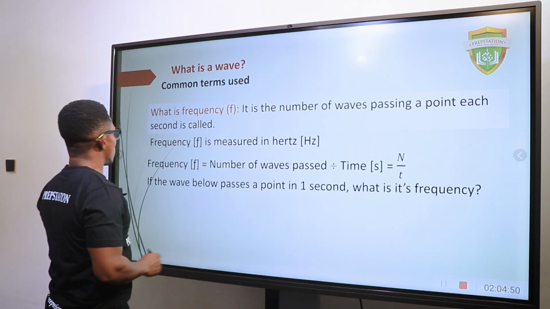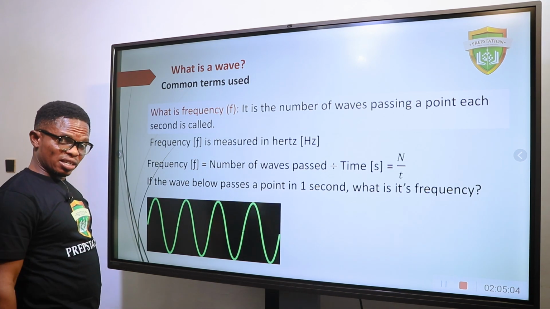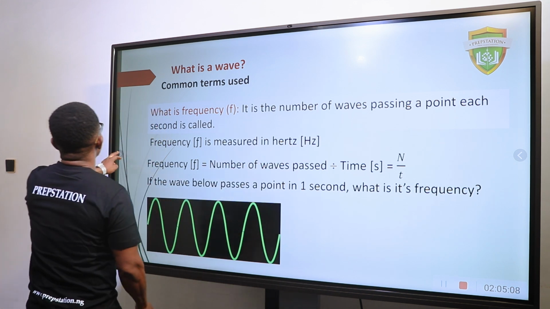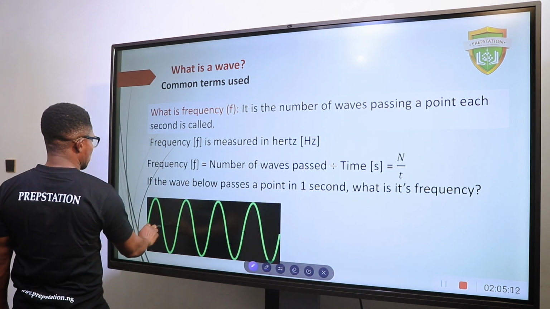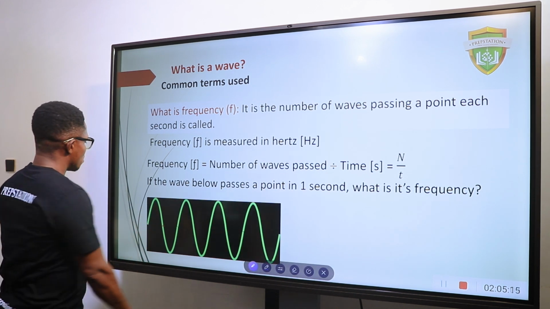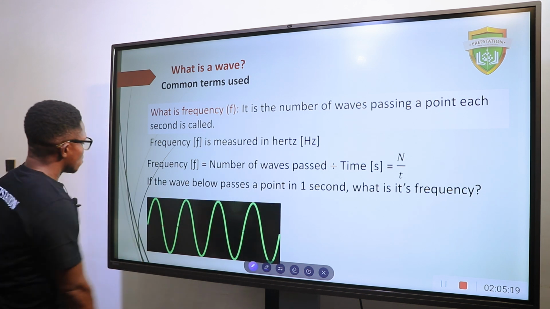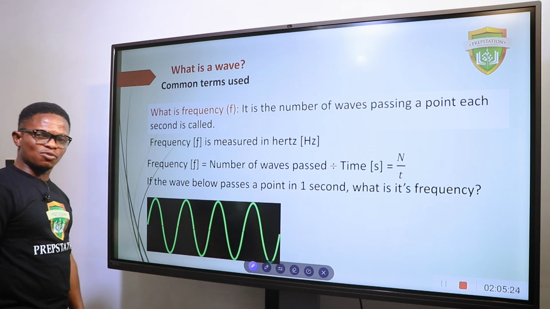If the wave below passes a point in 1 second, what is the frequency? This is a wave motion, and we want to find the frequency. Based on the definition, frequency is the number of waves. So how do you count the number of waves in this diagram? From this point to this point is half of the wave. From this point to this point is another half. So that is 1. From this point to this point is half, and this to this is another half, so I have 2 waves.